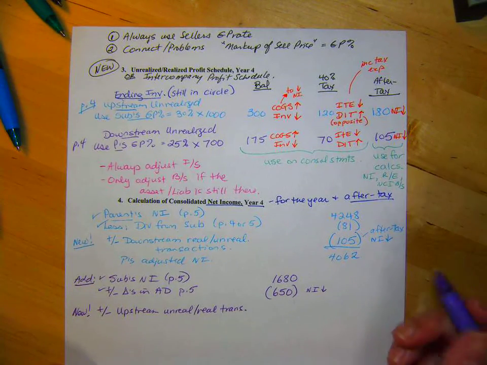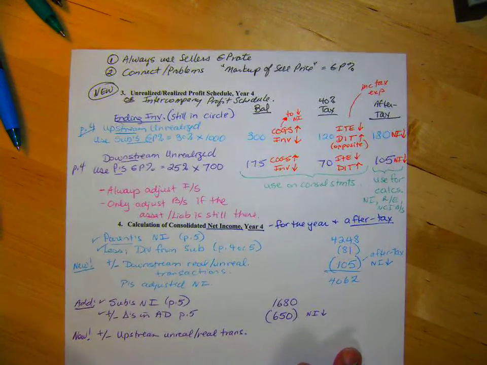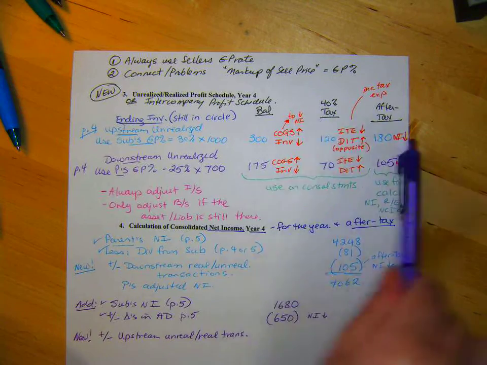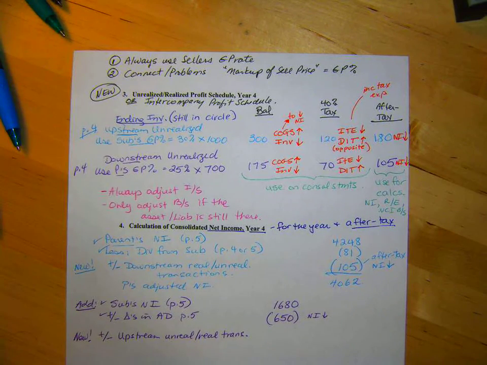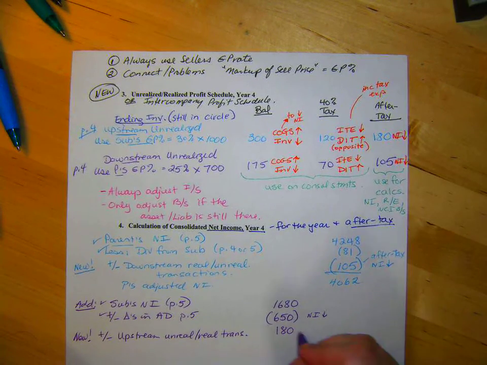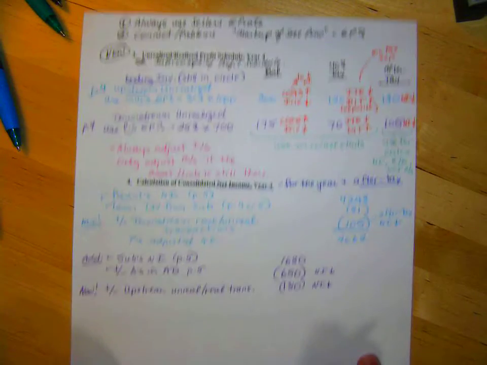And if we take off the profit, what happens to net income? Goes down. Okay, so we got three numbers here. Which one do we use? Always after tax. So we've got 180 and net income's going down. Net income's going down because the profit shouldn't have been there.